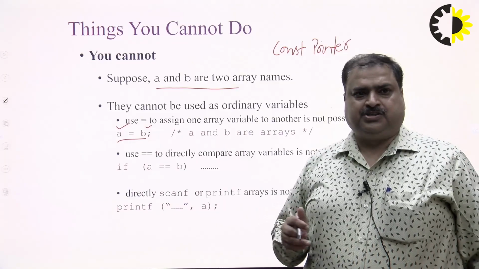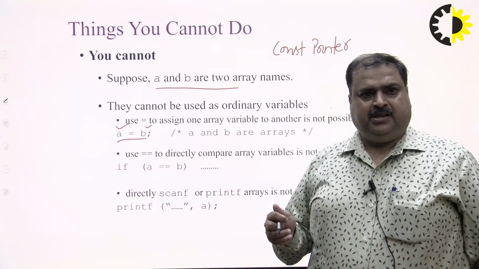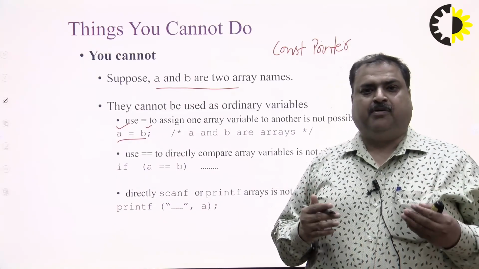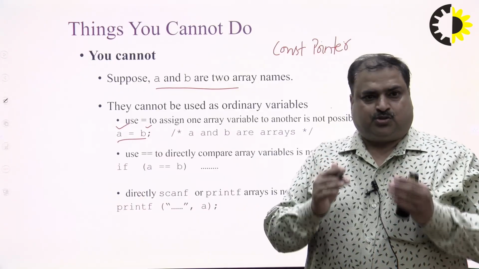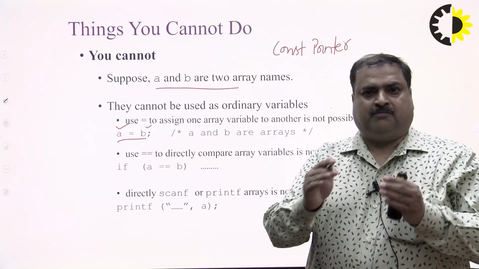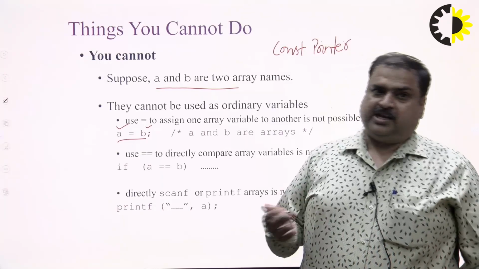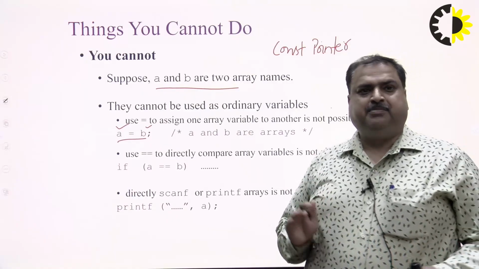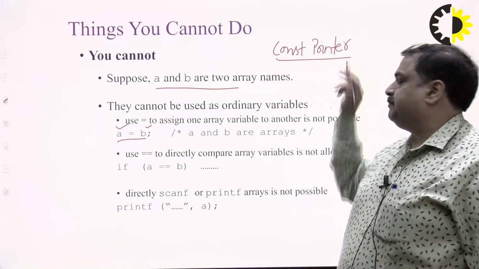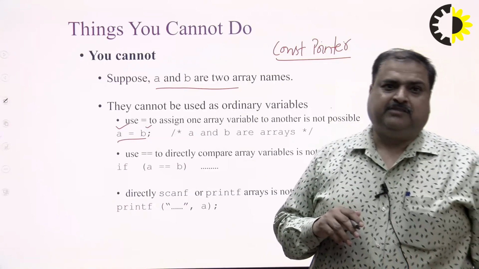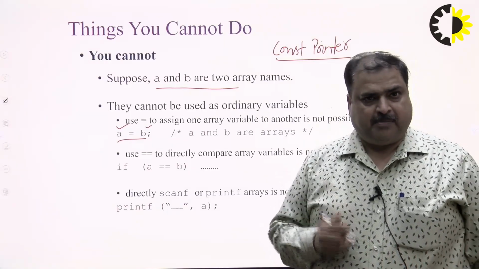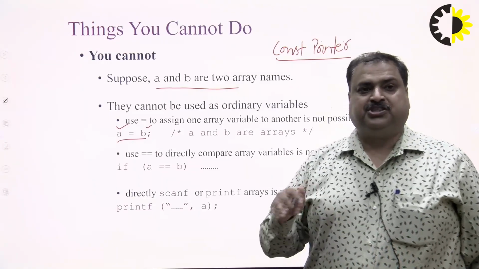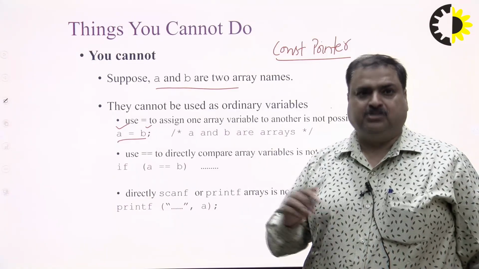In this situation, A and B are the names of arrays, and as I have already told you, the name of an array stores the base address of the memory location. So they are behaving like pointers, but the C language has kept them as constant pointers. As with a constant variable, we cannot change the value of a constant.